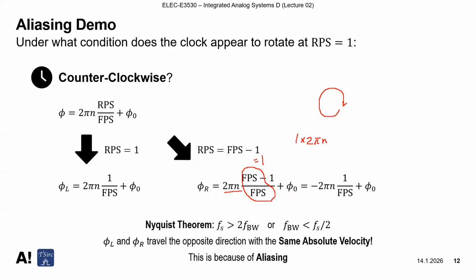So here we are violating the Nyquist theorem, and because of this, the left clock and the right clock are rotating in opposite directions with the same absolute velocity. This violates our intuition, and it happens because of aliasing.